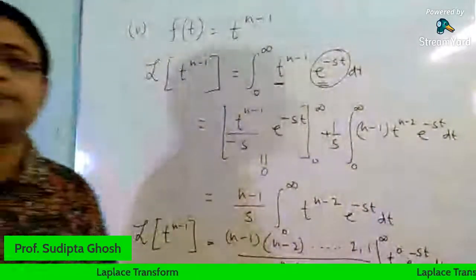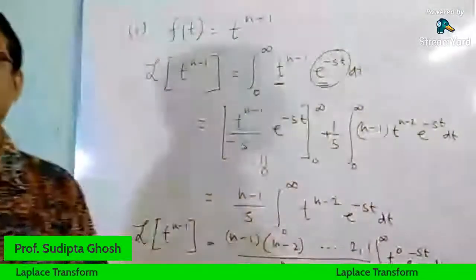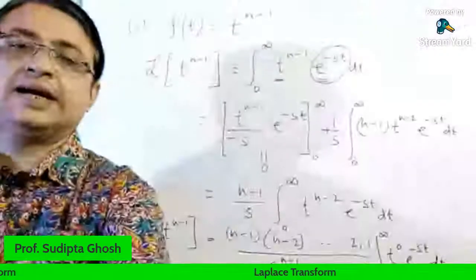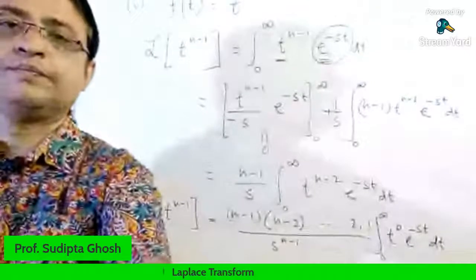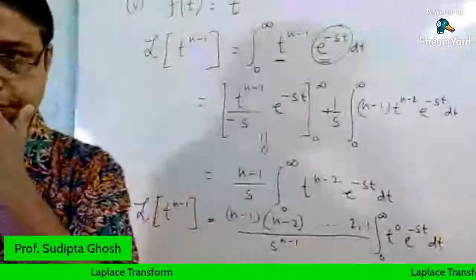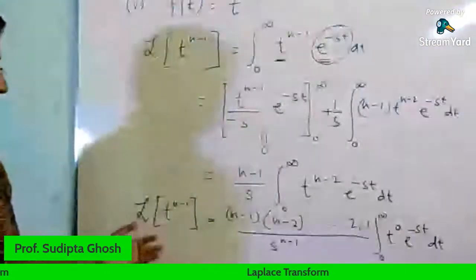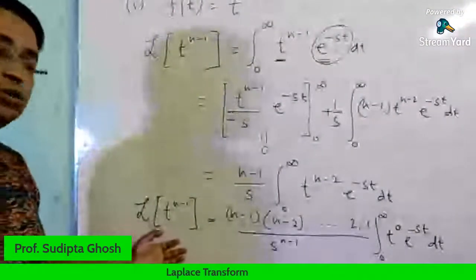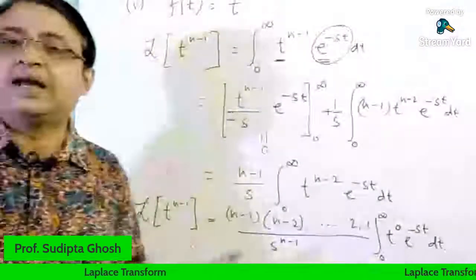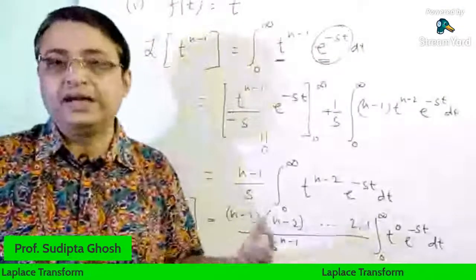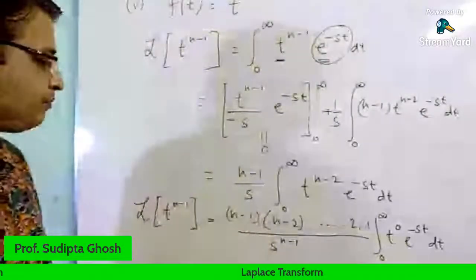Have you got it? Is it clear to you all? How can I get the Laplace transform of t to the power n minus 1? Actually, this is known as the method of induction in mathematics.